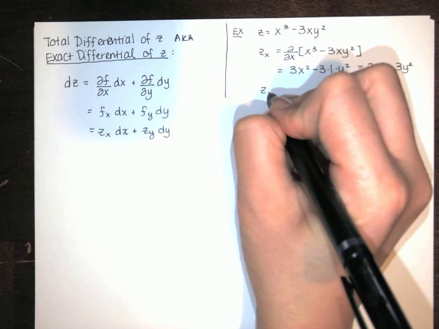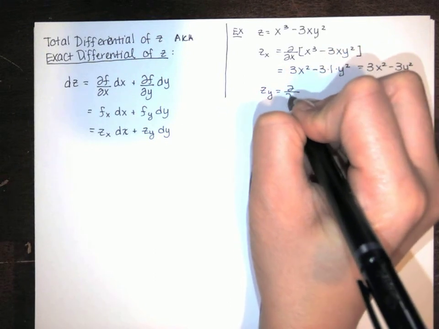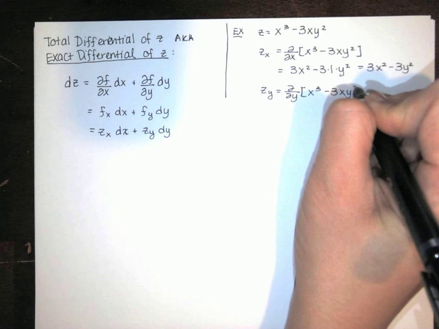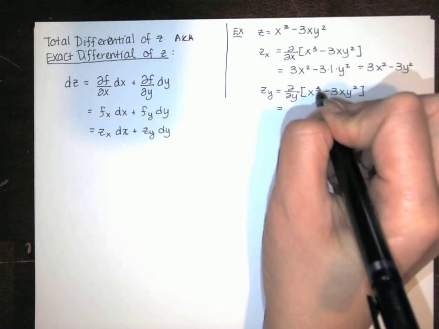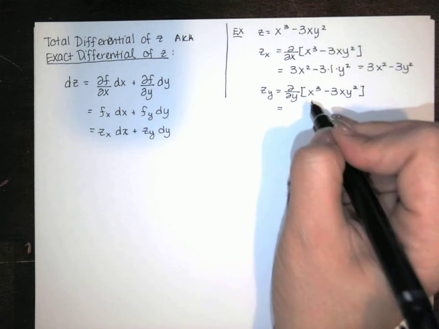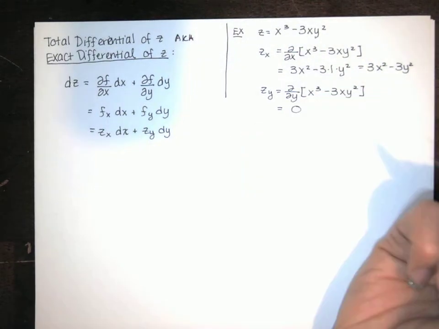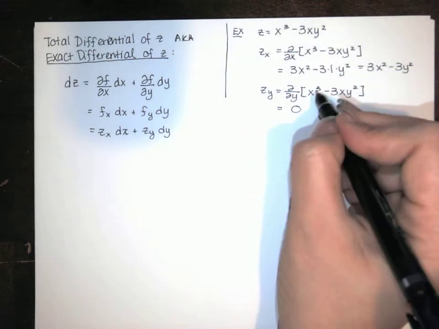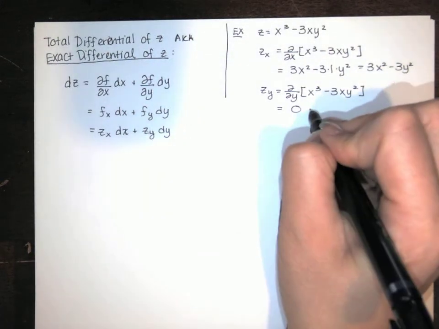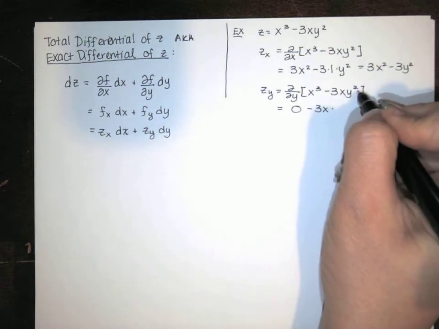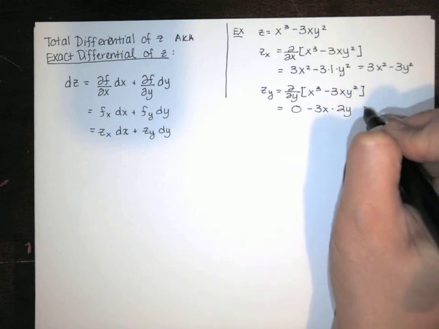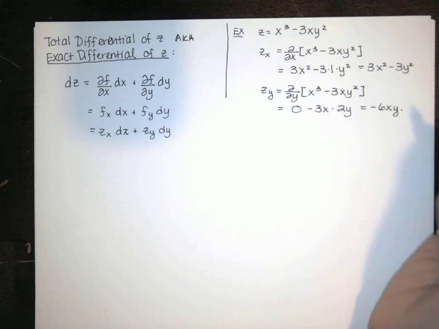And the partial of z with respect to y is this. There are no y's here, so it's a constant with respect to y. The derivative of a constant is 0. And this is a constant times a function of y, so we bring the constant down, and then we take the derivative of y squared with respect to y, which is 2y. So we get 6xy.